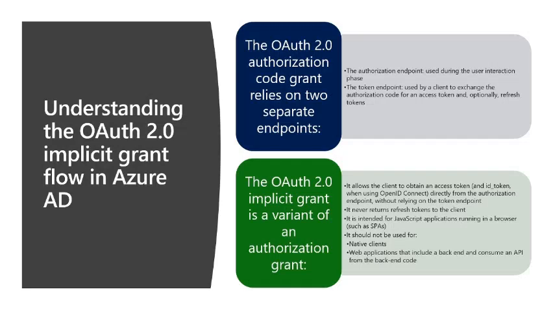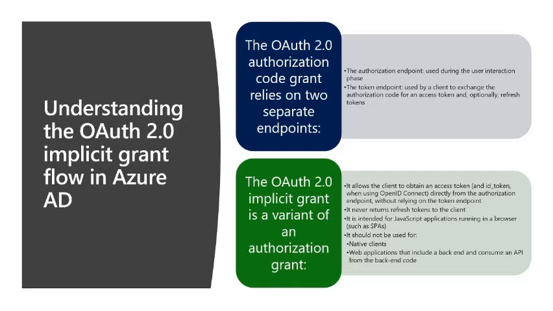The token endpoint is then used by the client for exchanging the code for an access token and often a refresh token as well. Web applications are required to present their own application credentials to the endpoint so that the authorization server can authenticate the client.